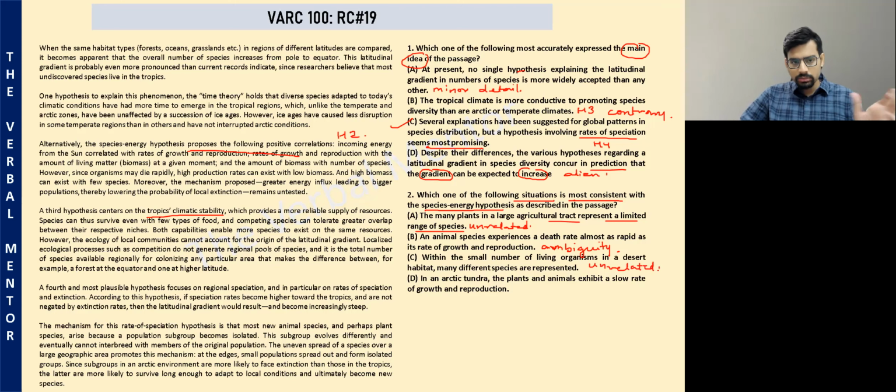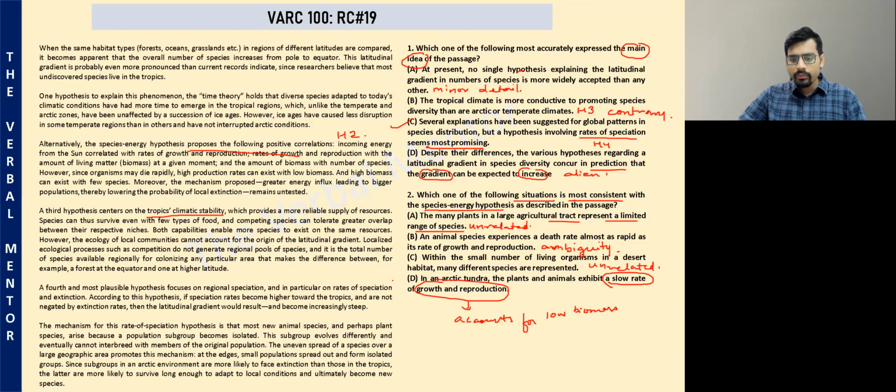Option D: in an Arctic tundra, the plants and animals exhibit a slow rate of growth and reproduction. Okay, if the rate of growth and reproduction is slow in the Arctic region, it accounts for low biomass availability, which further can account for fewer species.